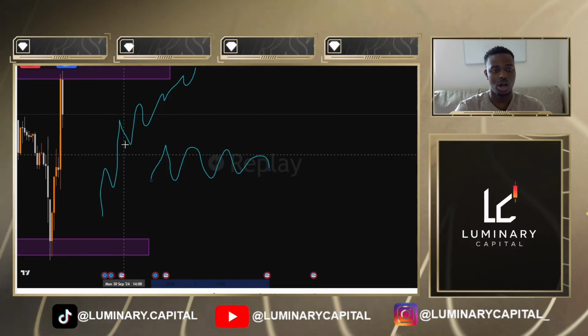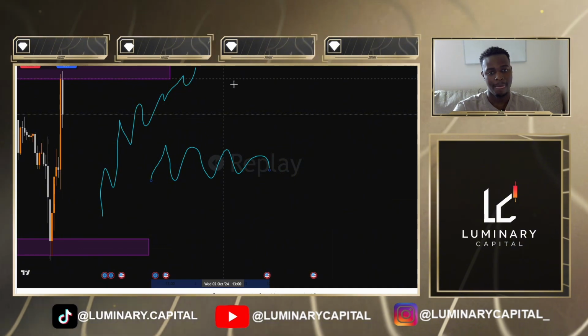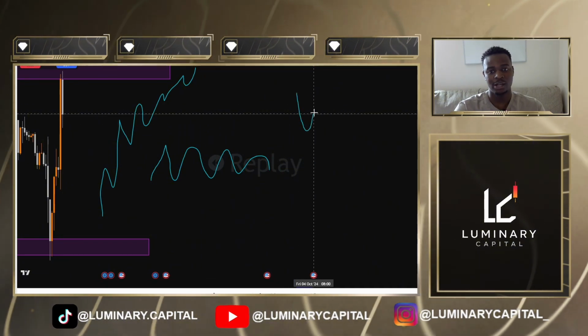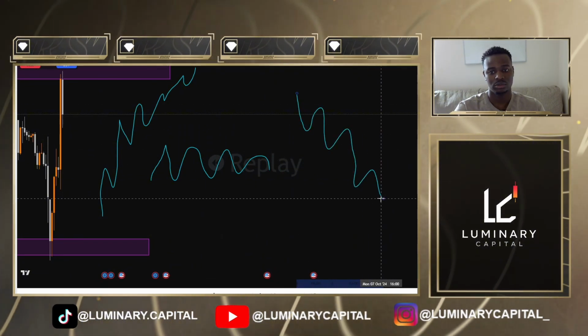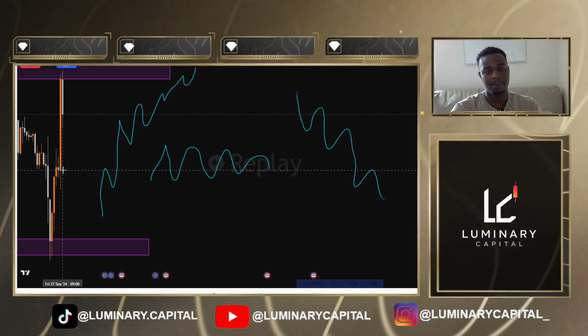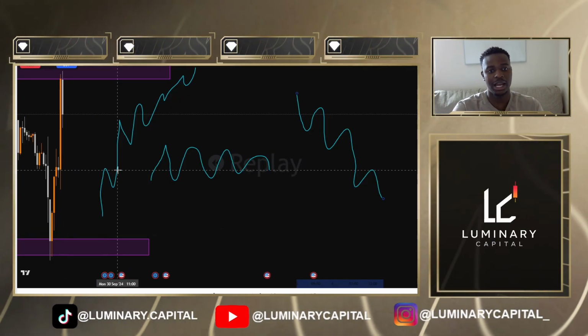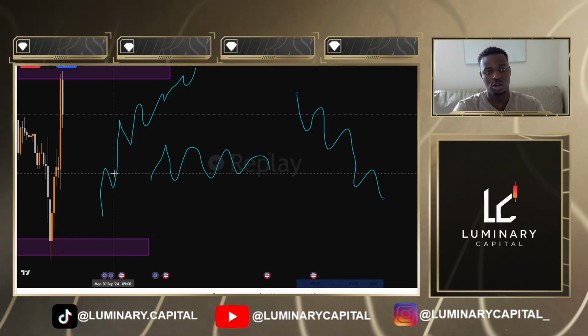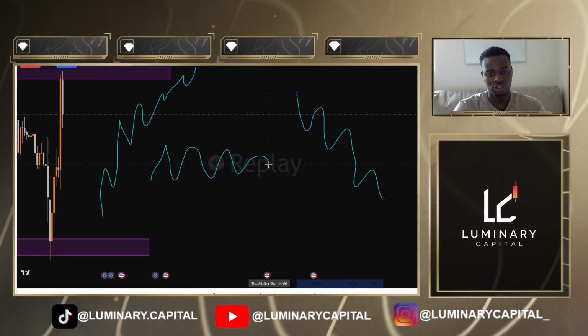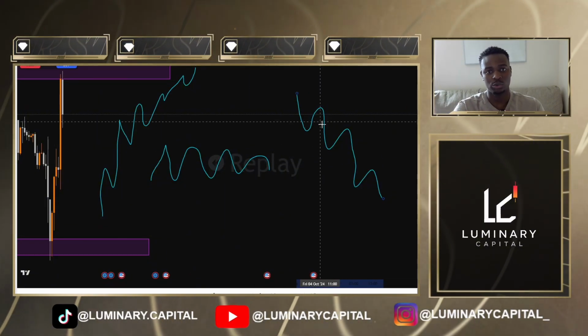It's not moving in an uptrending motion like that, nor in what's called a downtrend motion. So we have three major patterns in how the market actually moves: uptrends, consolidation, and then downtrends.